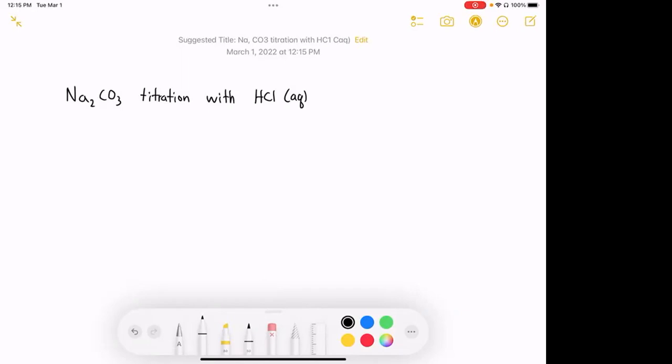Okay, so for step one, we're going backwards, right? The reaction we're doing is sodium carbonate plus HCl. That's going to give us HCO3 minus plus sodium chloride.